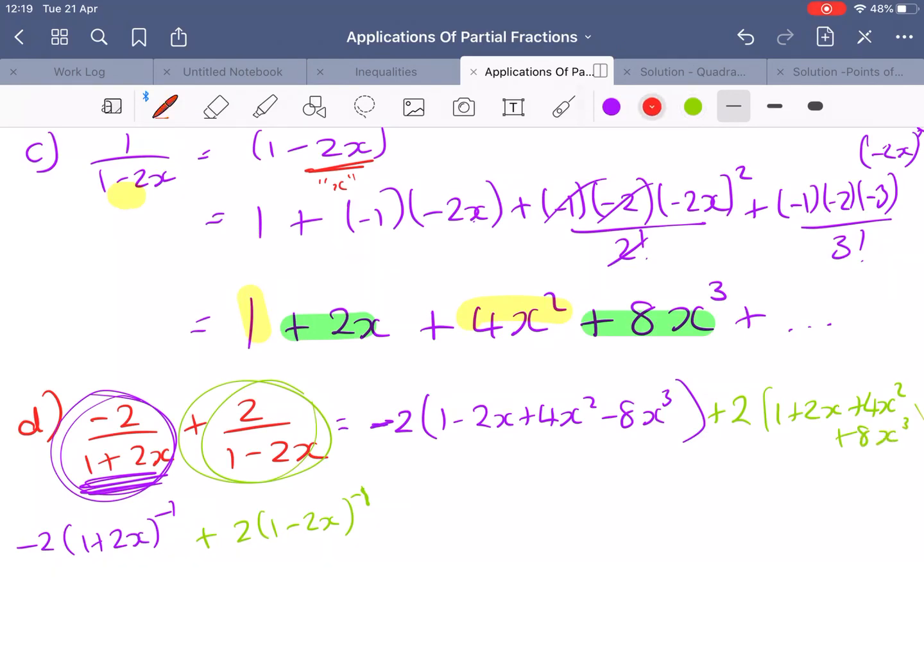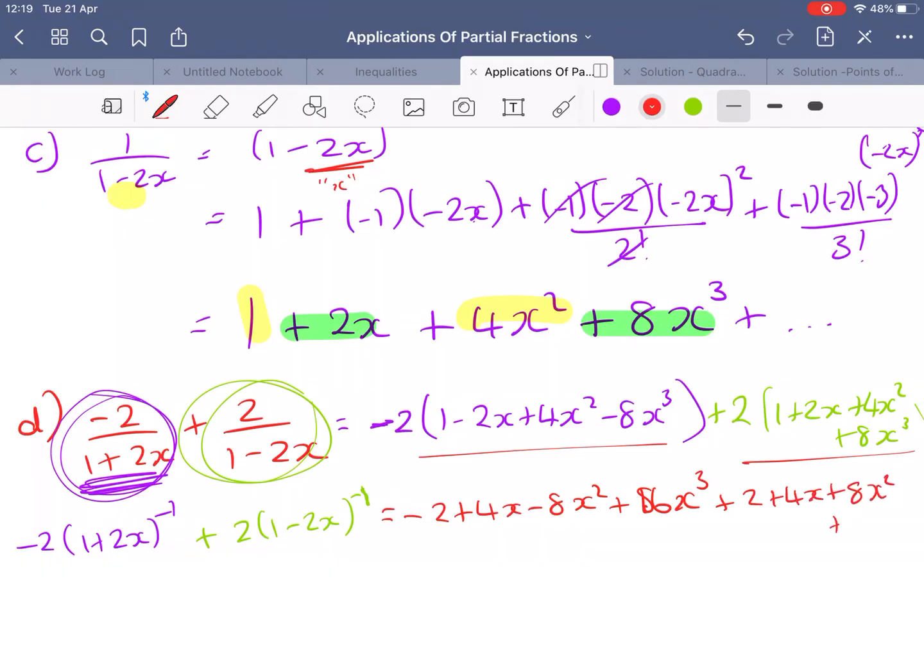So what do I have all together? Expanding this purple expansion, I've got minus 2 plus 4x minus 8x squared plus 16x cubed, because I've got minus 2 times each of the terms. If I expand the second bracket, I've got plus 2 plus 4x plus 8x squared plus 16x cubed.